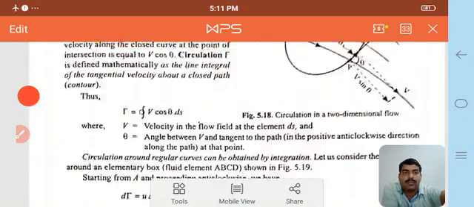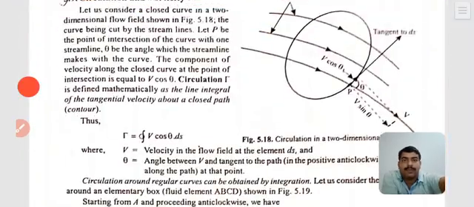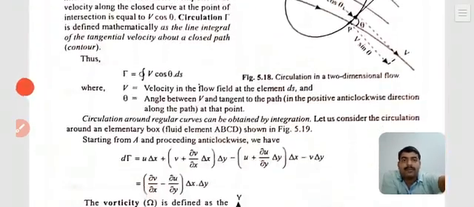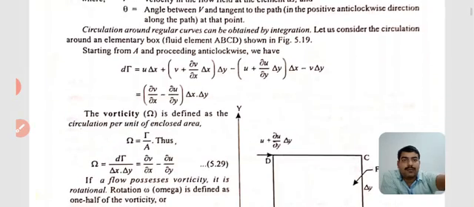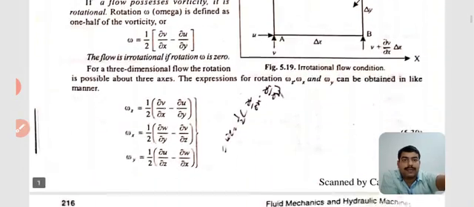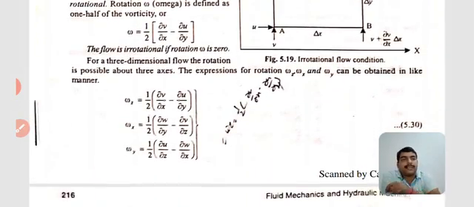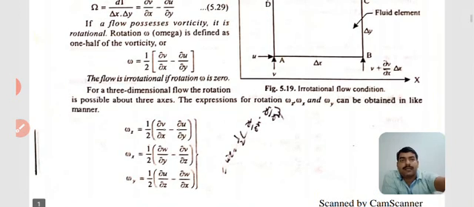We conclude the complete topic: circulation, denoted by chi, is calculated depending on the rotation, and rotation in terms of vorticity is 1 by 2 of del v upon del x minus del u upon del y.